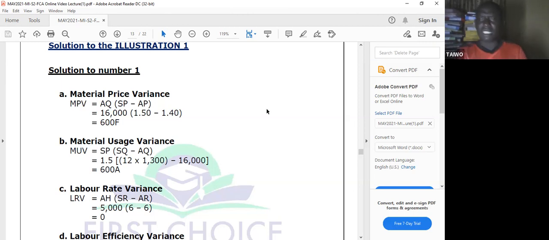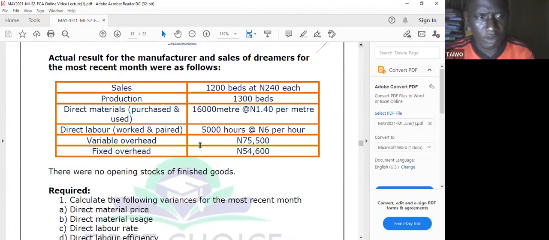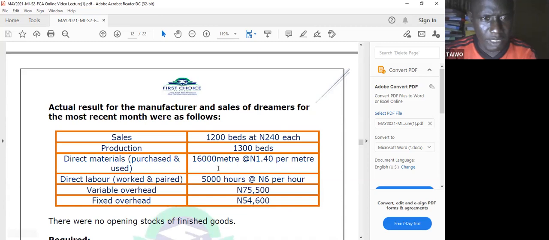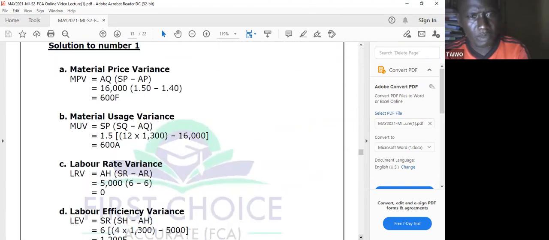The actual quantity of material used, you will get it from the actual information. If you look at the actual information, the actual quantity of material used is 16,000 meters. Then you say 15,600 minus 16,000.